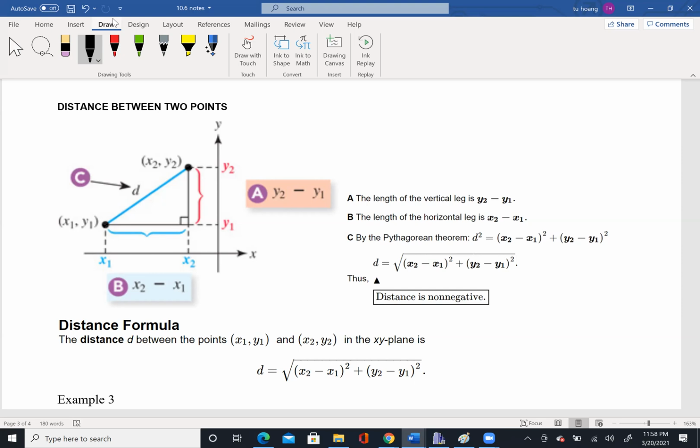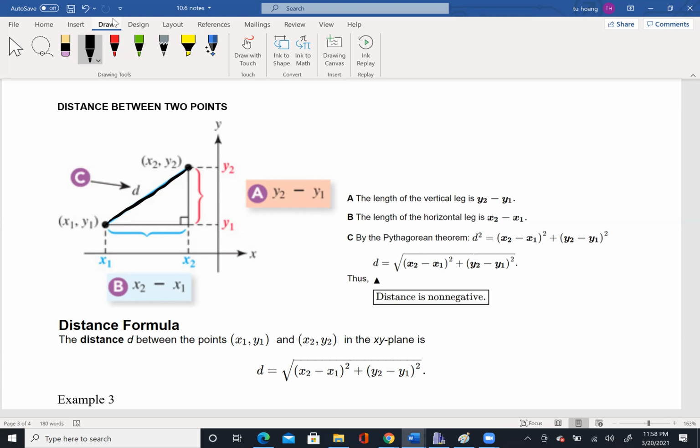To find the distance between these 2 points, we consider it as the hypotenuse of the right triangle. So we take the square root on both sides for finding the distance between these points.